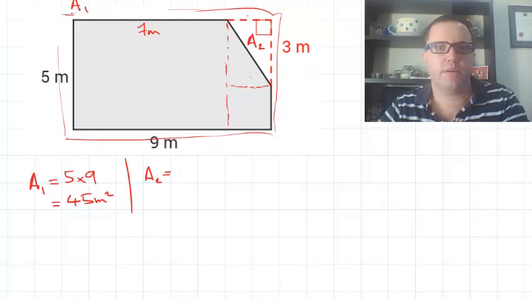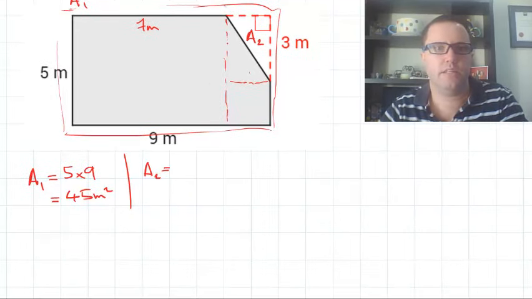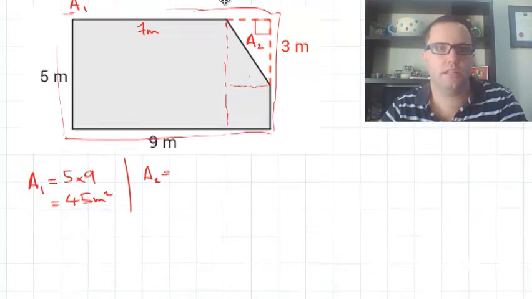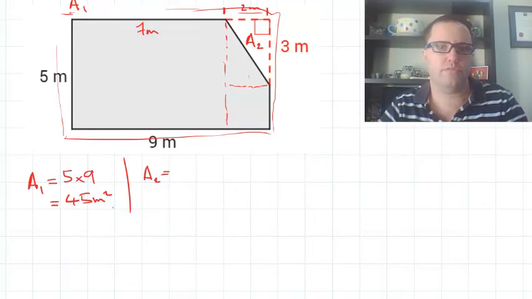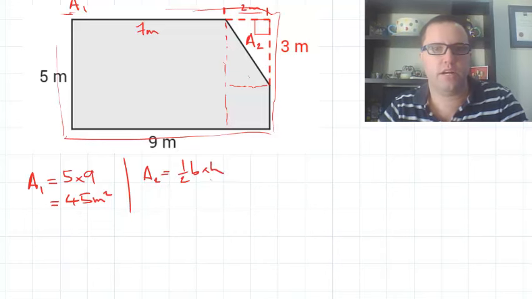So that means that this little piece on the end here is going to be 2 meters. And we've got half base times height, which is equal to half times 2 times 3, which is 3 meters squared.